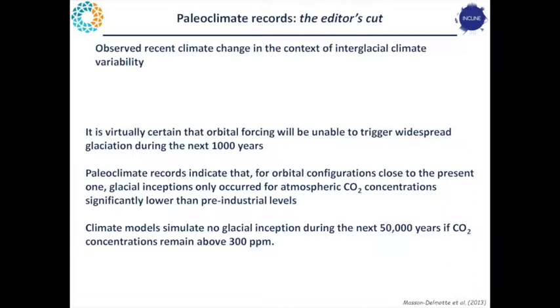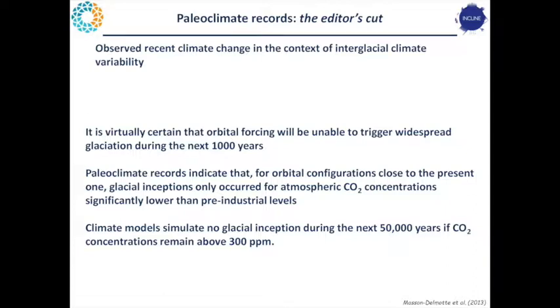On top of that, we can say that it's virtually certain that orbital forcing will be unable to trigger widespread glaciation during the next 1,000 years. So if we were waiting for the next glaciation to come in order to solve the problems of climate change, we can forget that.